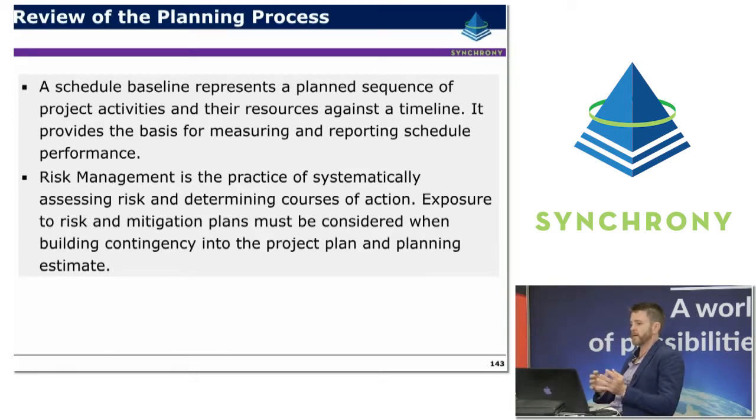Whereas risk management is the practice of systematically assessing the risks and determining the courses of action. So exposure to risk and risk mitigation plans has to be considered when building contingency into the project plan, the project schedule and the estimate.